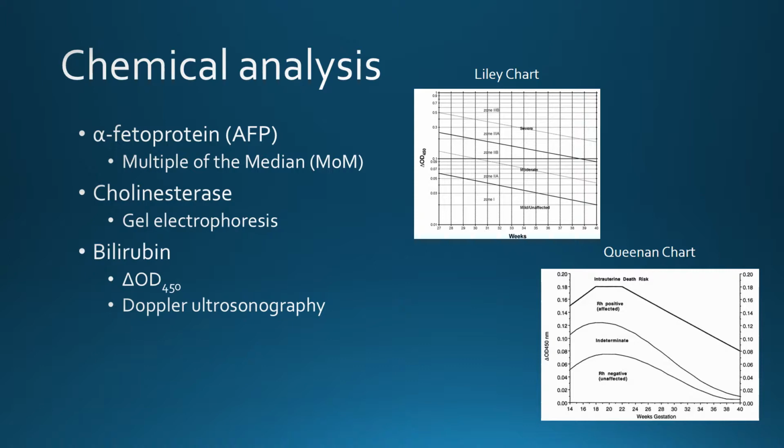The weeks that you do this screening for a neural tube defect should ideally be between 16 and 18 weeks gestation. It can be done between 15 and 25 weeks, but 16 and 18 is the ideal time to do your screening. And the screen is done on maternal serum.